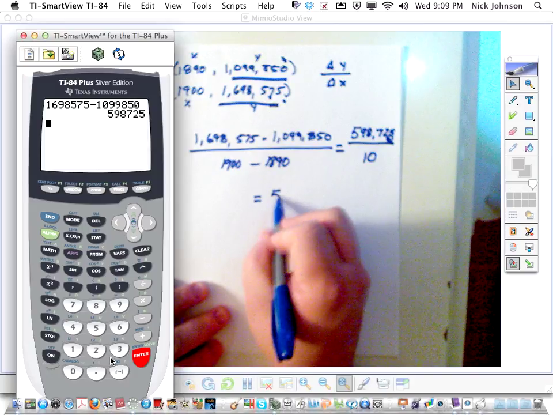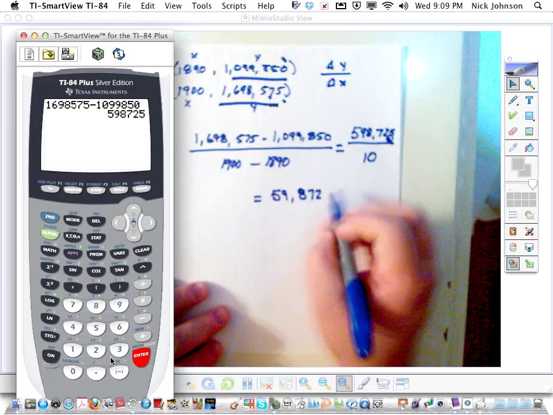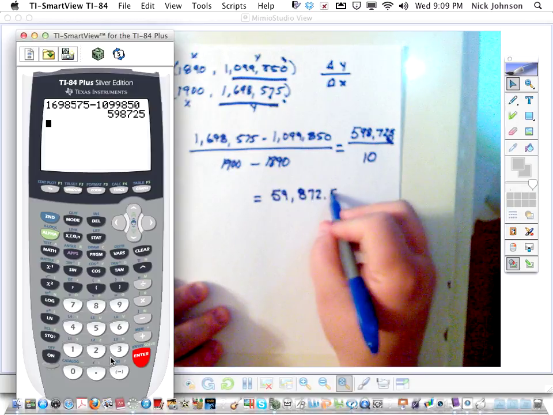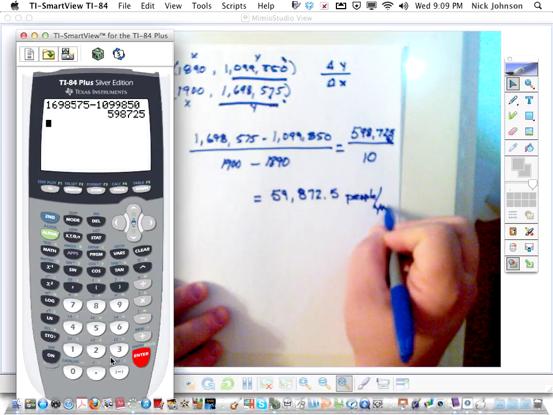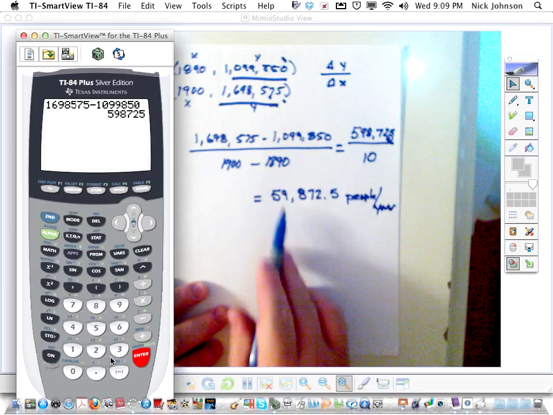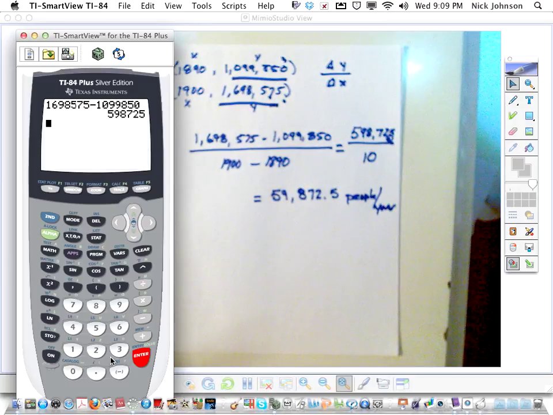So what I'm going to get is 59,872.5 people per year, and that's positive. So we know each year from 1890 to 1900, we gained approximately 59,872 people per year in Chicago.